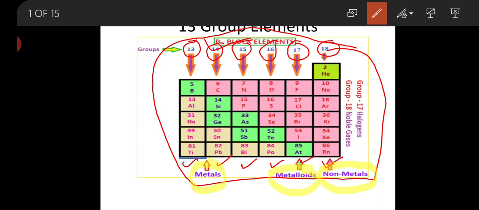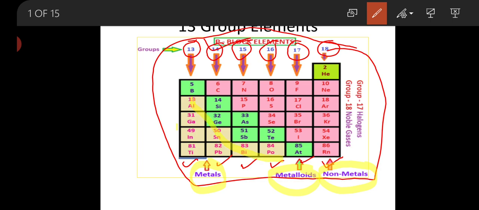You can see the color notation. Metals are shown in a light yellowish color, starting from atomic number 13: aluminum, gallium, indium, tin, bismuth and polonium. These are the metals.